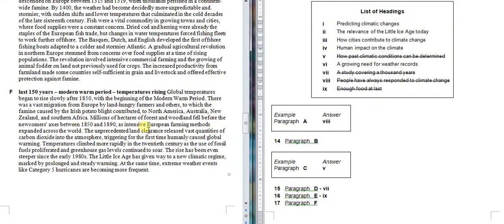Yeah, all this is about the human impact. Okay. Yep. So this idea where we see last 150 years, that leads us to either 4 or 3. And just with a quick scan, we were able to identify 4 as the correct answer.